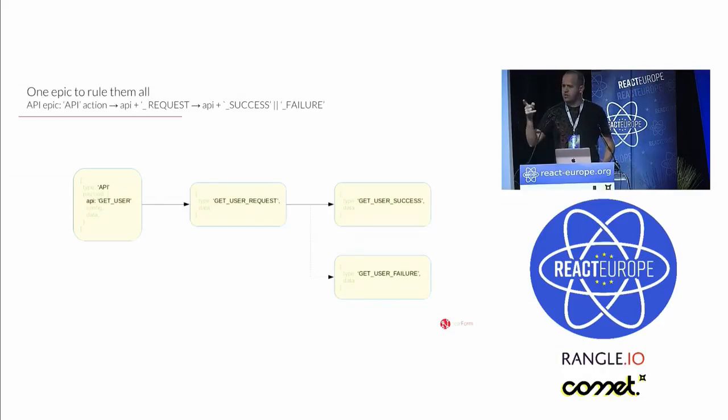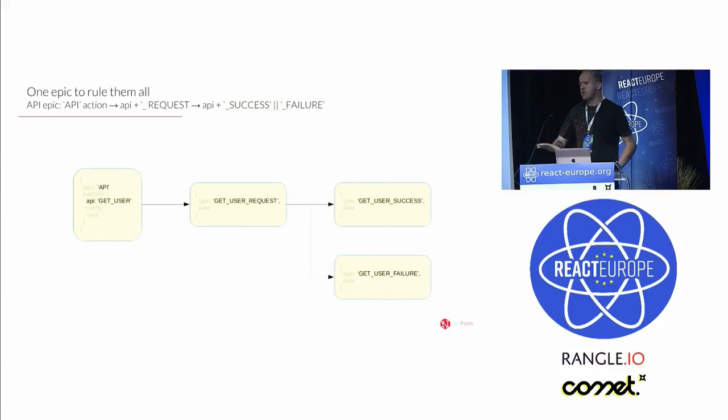As soon as it pays attention to an API type, it grabs it. It says, okay, based on API, I'm going to take that, transform it just by adding an underscore request to it, and create a type for me of get user request with data. Inject it back in the stream, send off an HTTP request, the response gets back, and it either fires off another one of get user success or get user failure.